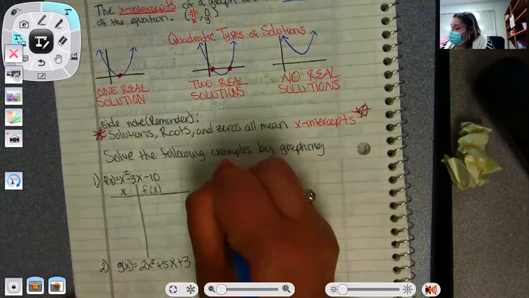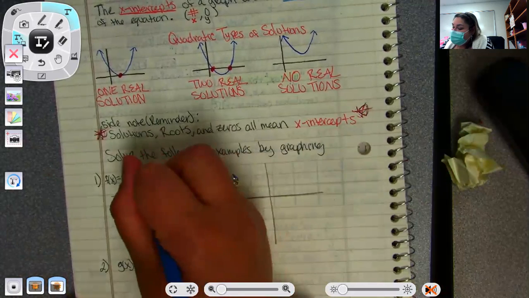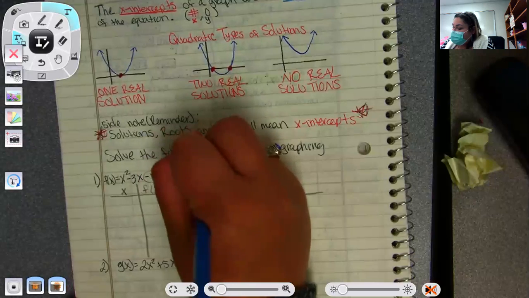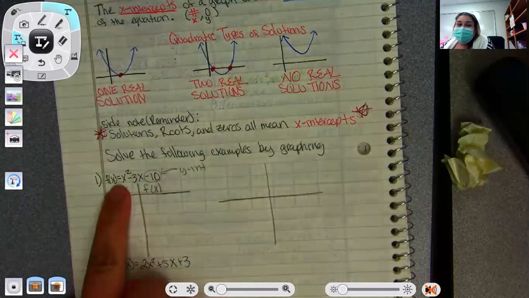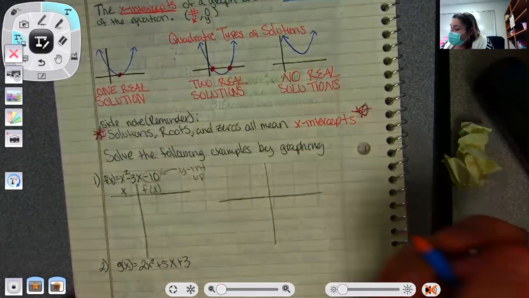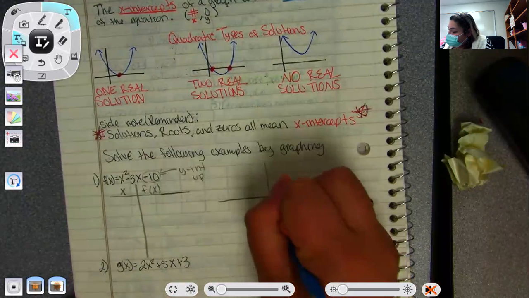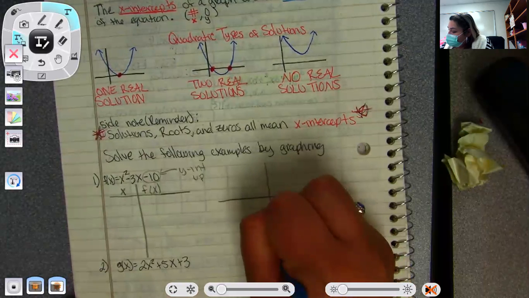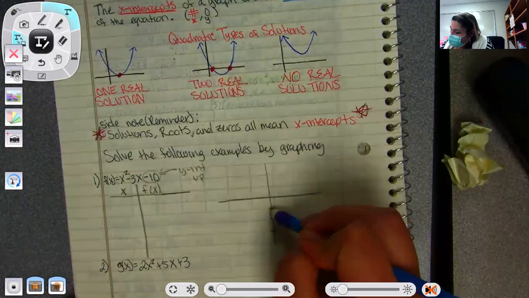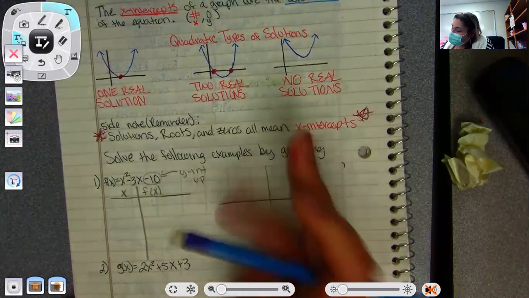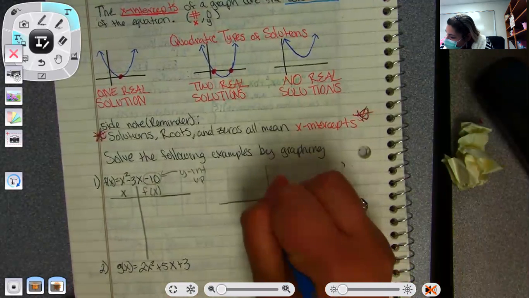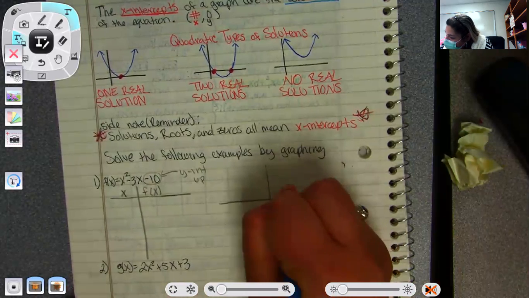So then here's my rough sketch. One thing that I know is that because it's in standard form, this is my y-intercept. And because my a is a positive 1, I know it's going to open up. So let's do 2, 4, 6, 8, 10.